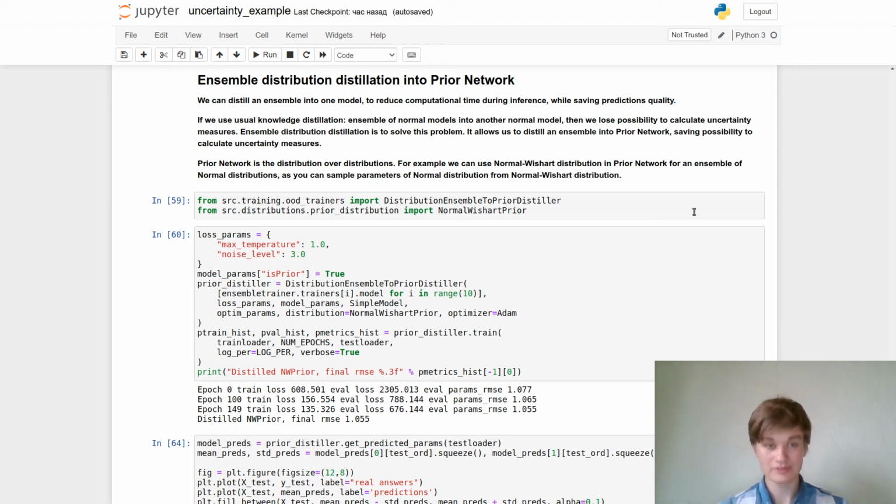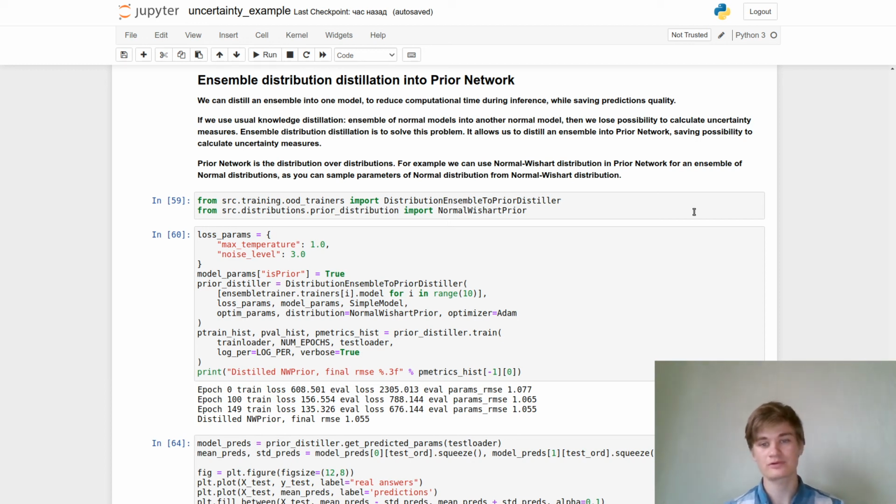And here prior networks and ensemble distribution distillation came, which allow us to distill an ensemble of networks into one more general distribution, like a distribution over distributions, and calculate uncertainty measures afterwards.